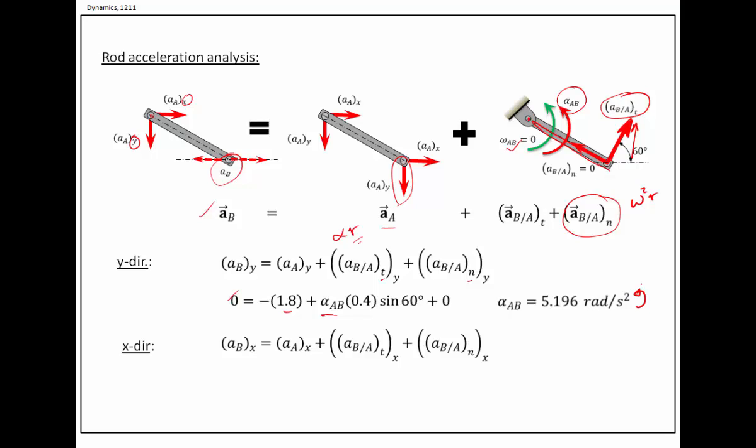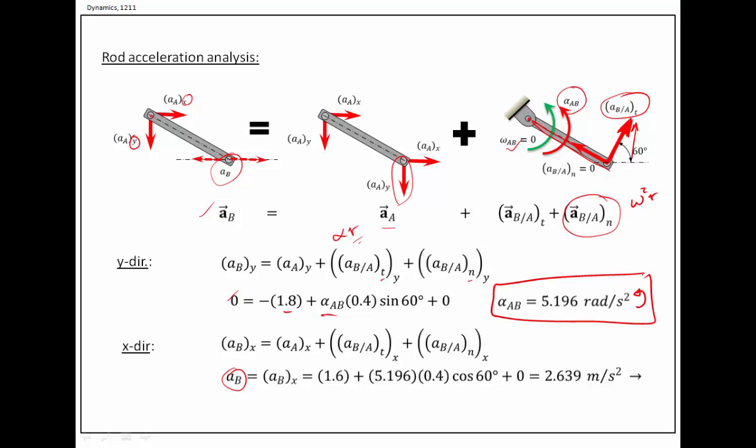Okay, in the x direction, we're able to do the same thing, but this time we're going to look for a_B. By the way, this is the first part that we were asked as part of the problem, so that's actually one of the answers that we want to block off. So the acceleration of B is the entirety of the x component here. We take 1.6 because that's the acceleration we found in the previous one, I believe it was the tangential acceleration of the disk, which is now the x direction of this.